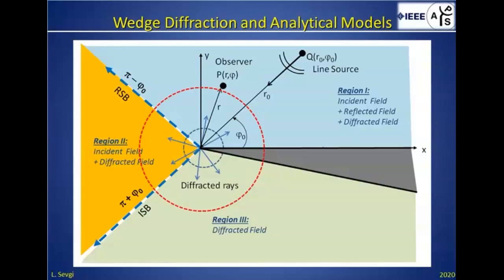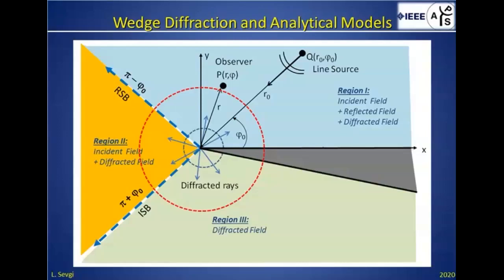So the source has an angle phi 0 with respect to the top boundary of the wedge. By the way, this wedge is non-penetrable, so we are not dealing with electromagnetic effects inside the wedge because none of the electromagnetic waves penetrate inside. So the wedge problem actually has two different characteristics.